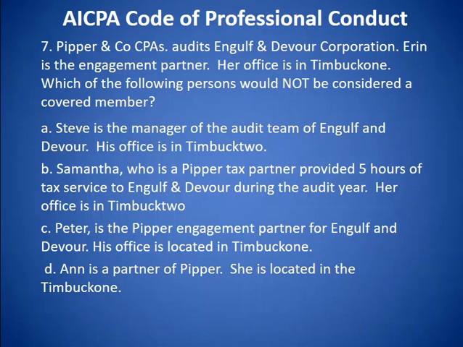Now we're asked which of the following persons would not be considered a covered member under the circumstances. So we take a look, now we have 4 different instances. So go ahead and review these instances, stop the video, arrive at what you consider to be the correct answer, and then when you're ready, go ahead and restart the video for the appropriate answer.